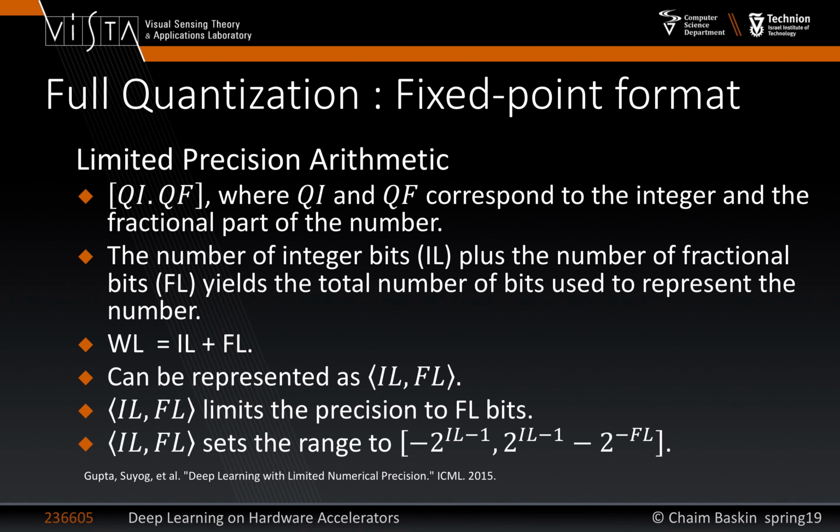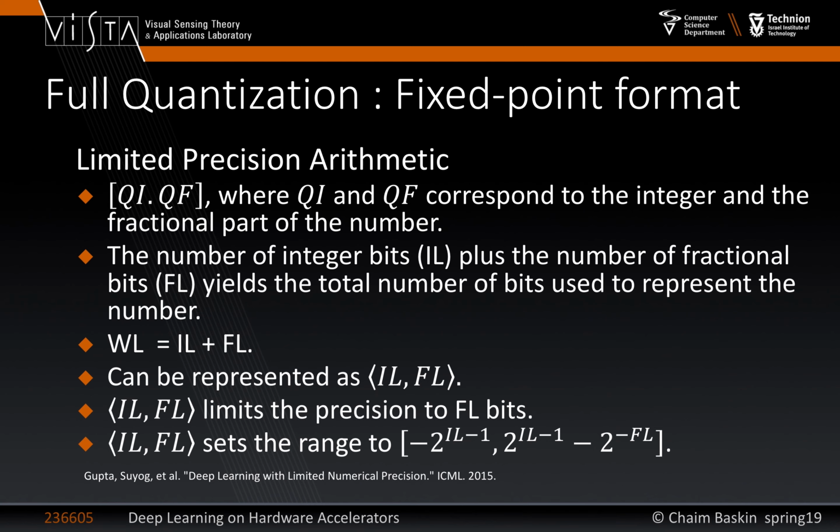Okay, so our new range, when we divide our number, is from minus 2 to the power IL minus 1, to 2 to the power IL minus 1 minus this fraction.